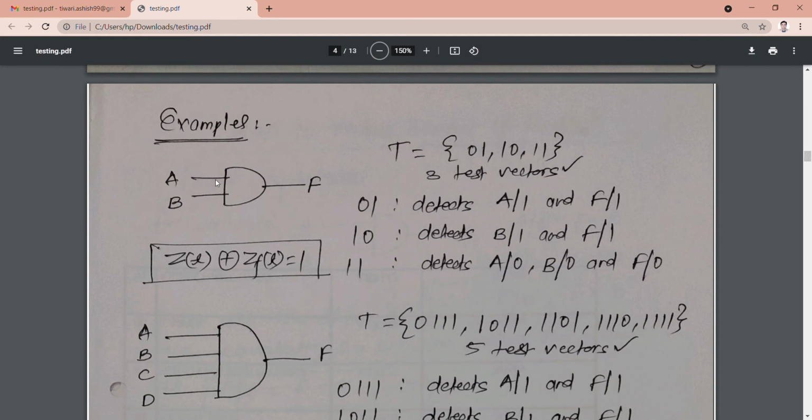If there is a fault at A, suppose it is stuck at 1, then what will the output be? The output will be 1, but the original output is 0. So there can be an XORing condition.